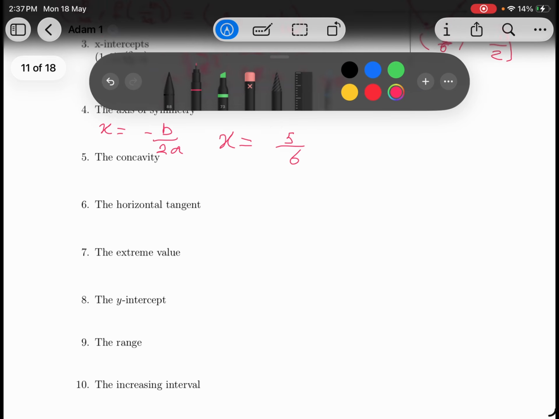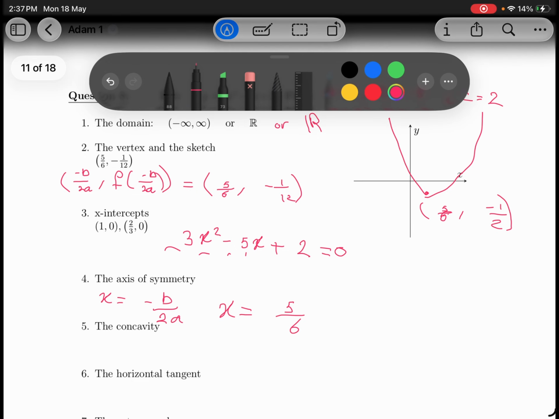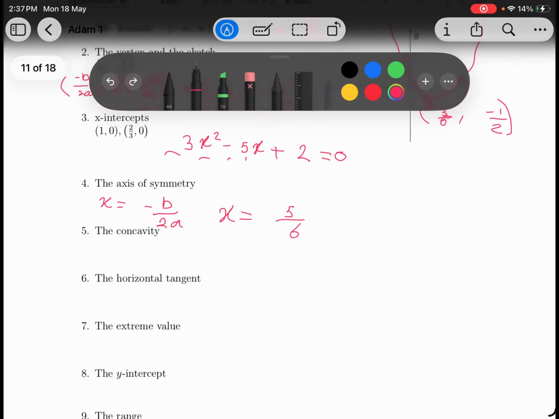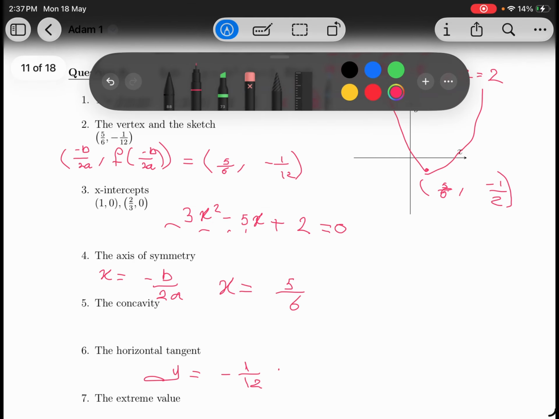Now the axis of symmetry will be x equals 5/6, which is the x-coordinate of this vertex. And the horizontal tangent will be the y-coordinate, so here it will be y equals minus 1/12, not 2, minus 1/12.